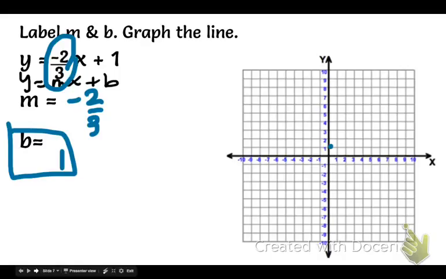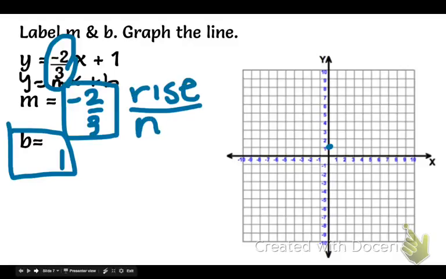So I'll find 1 on the y-axis. And then from there, I need to rise -2. Hopefully that makes sense that we'd have to go down 2. And then I have to run +3, which means I'll have to go right. So I'm going to go down 2, right 3. Down 2, right 3.